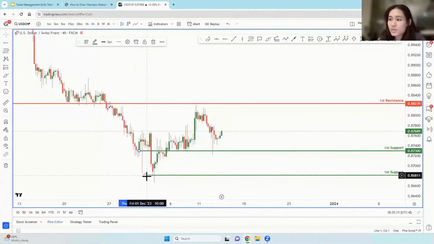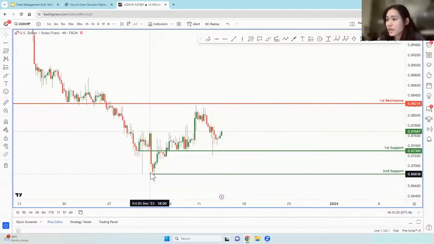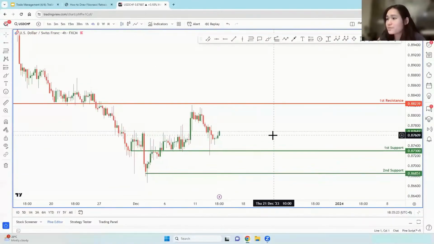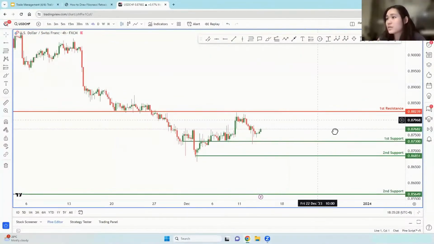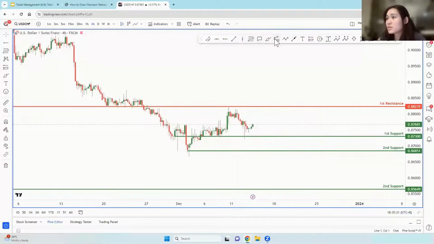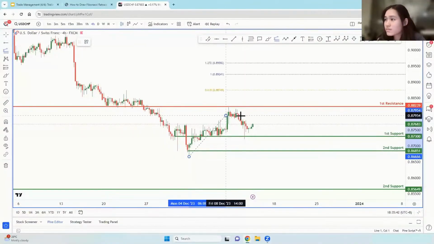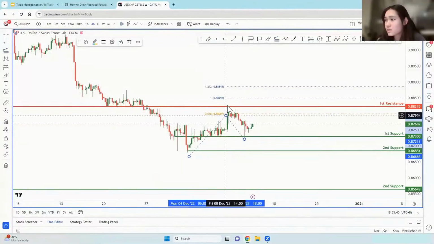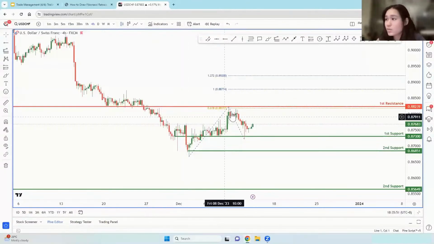I think this would be my first support instead now, because it's closer to where price is at, and then this would be my second support. Now let's go in with some Fibonacci levels. I'm first going in with a Fibonacci projection. I have my 61.8% that lines up nicely with my first resistance.